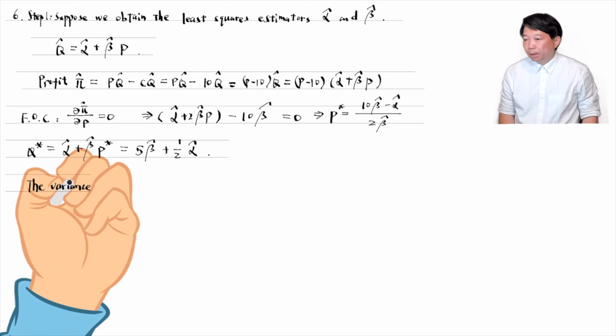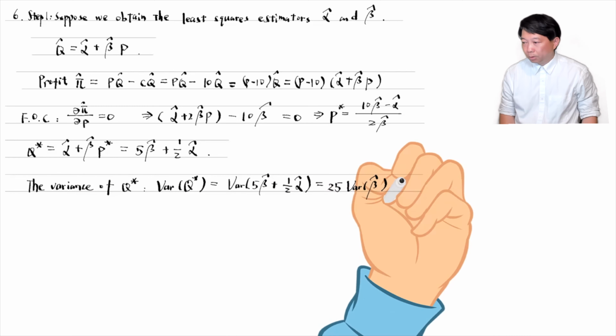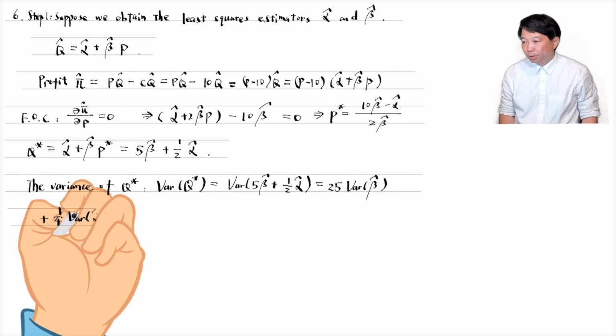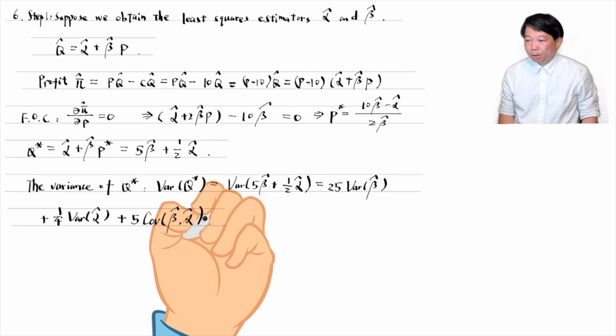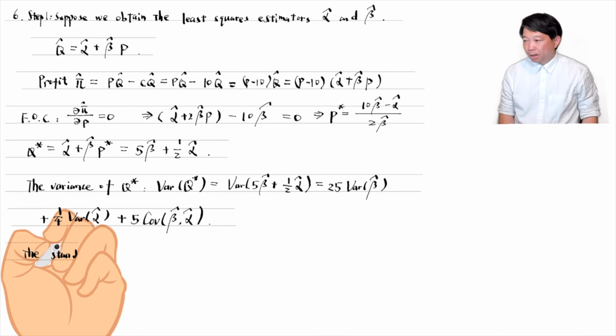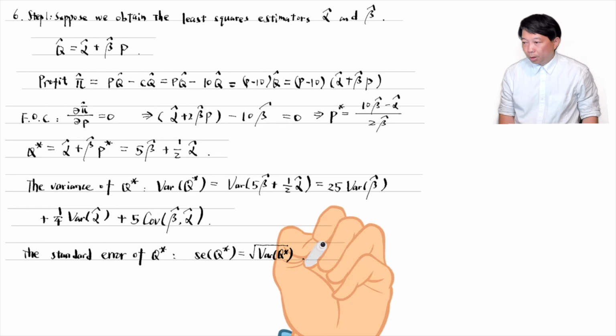Then we can find the variance of Q star in terms of the variance of beta hat, the variance of alpha hat, and the covariance between alpha hat and beta hat. The standard error of Q star is the square root of its variance.